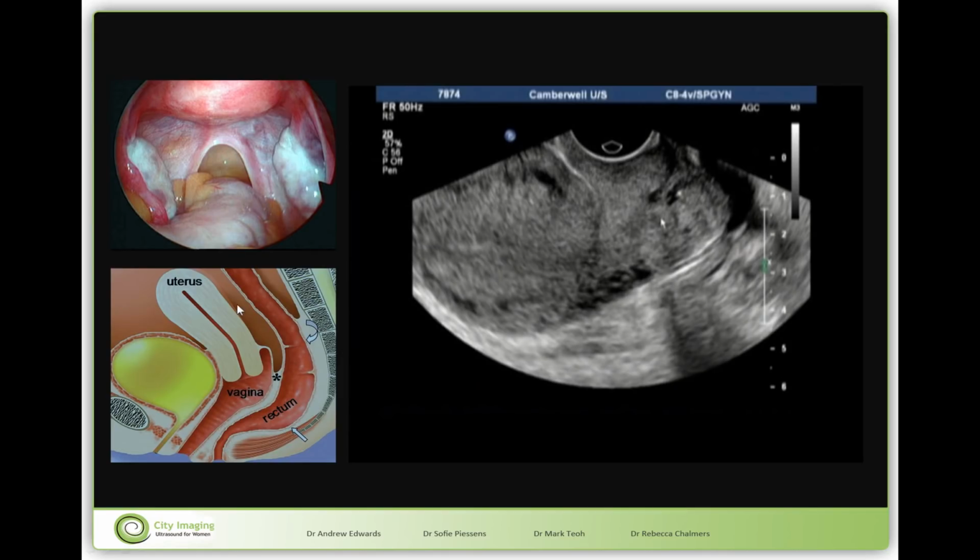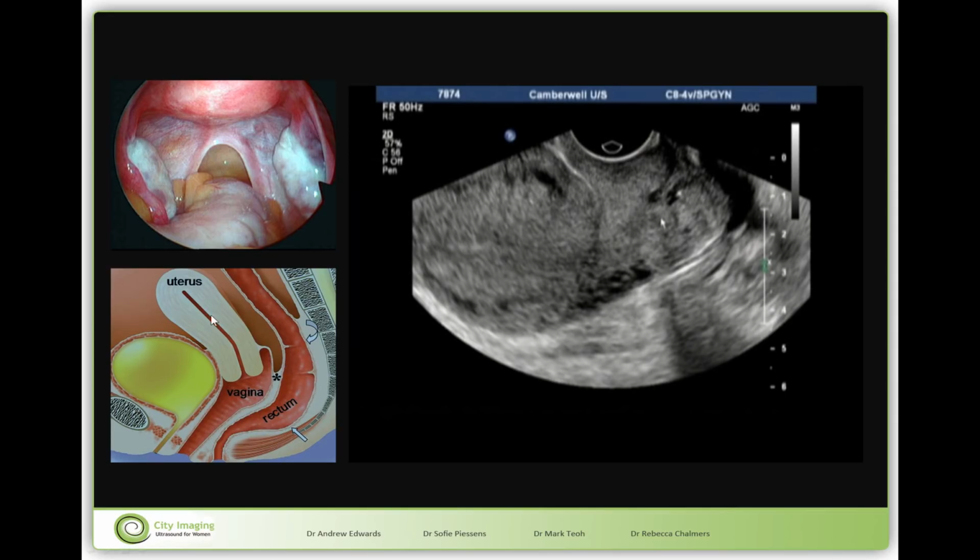When we look at the pouch of Douglas now in sagittal section, we see the bladder, the uterus and the bowel. And the pouch of Douglas actually is a little pouch really that dips behind the vagina. So we can often see this peritoneal reflection when there is fluid in the pouch of Douglas, and we should see sliding between the uterus and the bowel, but also between the cervix and the posterior vaginal wall and the bowel.